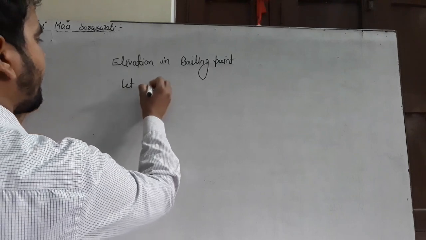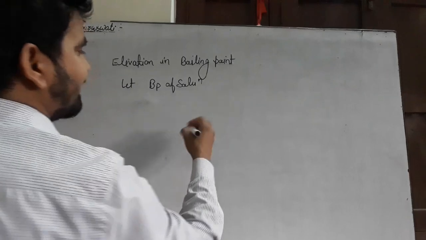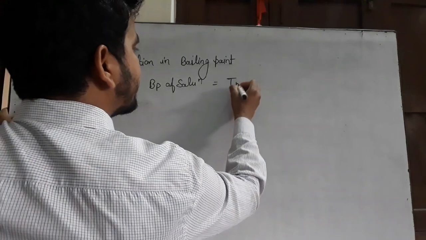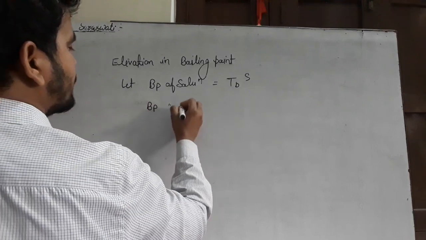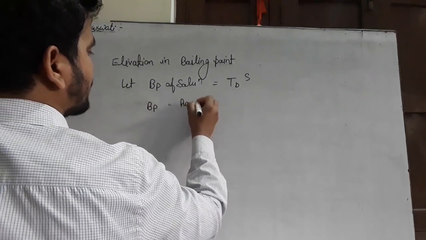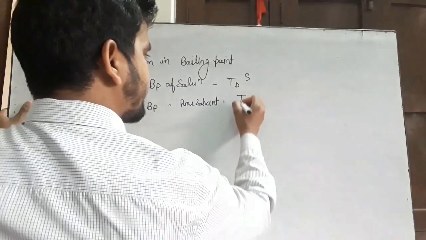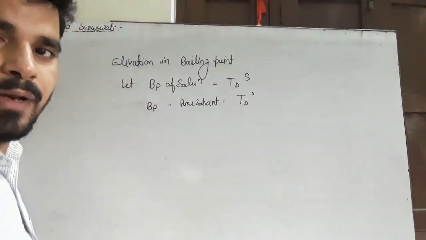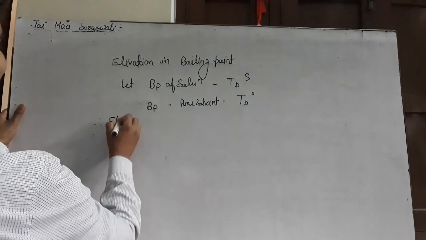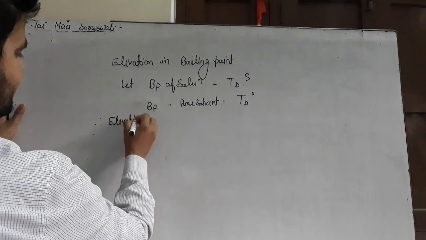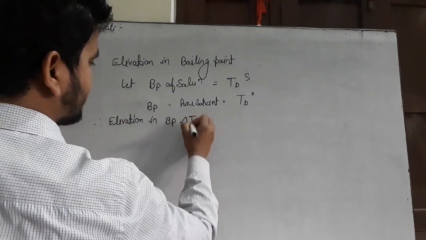Let the boiling point of the solution be denoted by TBS. The boiling point of the pure solvent is denoted by TB naught. So the elevation in boiling point is delta TB, dear children.